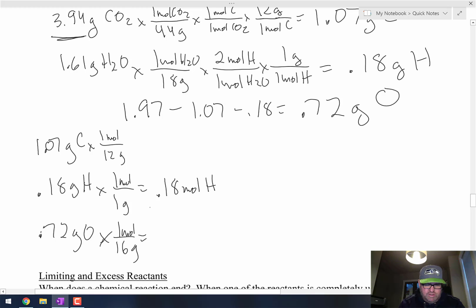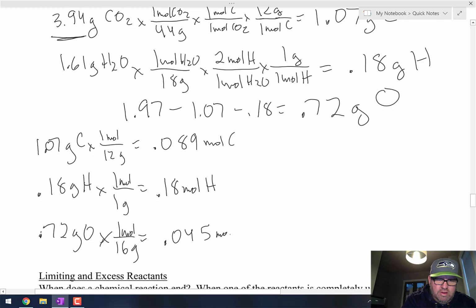So 1.07 divided by 12 equals 0.089 moles of carbon, and 0.72 divided by 16 equals 0.045 moles of oxygen. So our smallest value is clearly 0.045, so we're going to divide everything by 0.045.